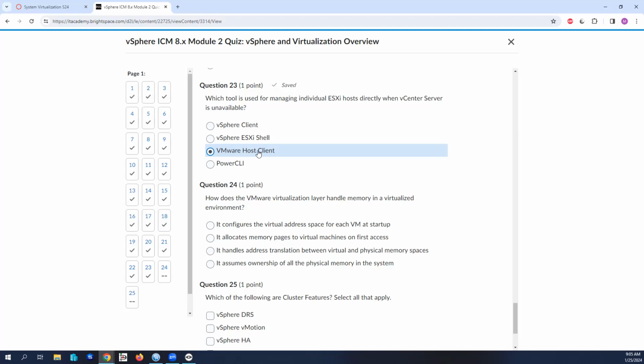I've had to do that when we have power outages on campus and the vCenter server didn't start up, or the DNS server didn't start up on the Active Directory. So that meant the vCenter server could never find itself. Even though it's booted, it can't find itself because the DNS server doesn't tell it who it is or where it is. That's weird, but computers don't know who they are if they can't ping their name. The answer is VMware host client.